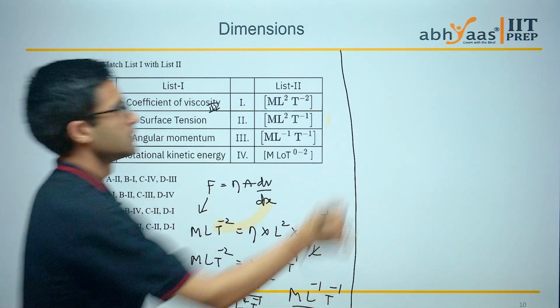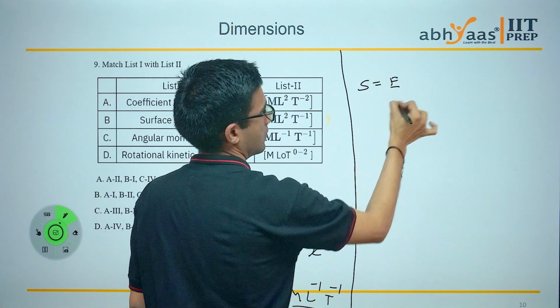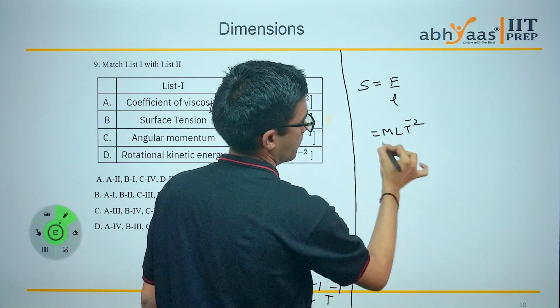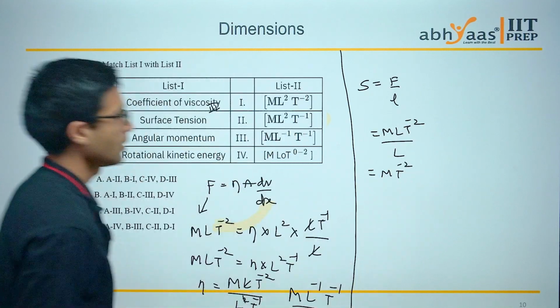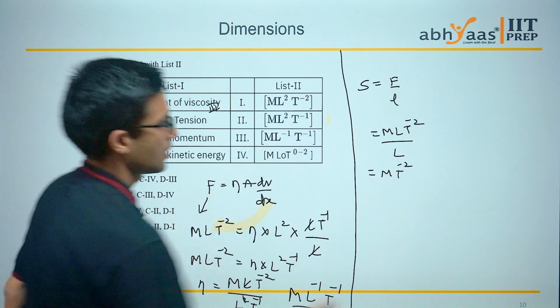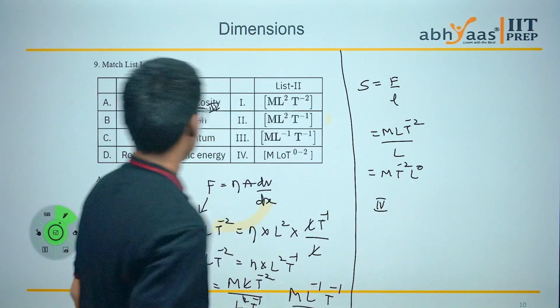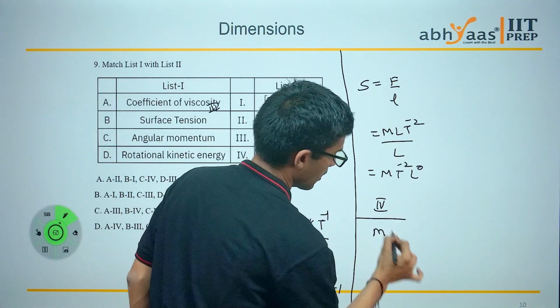Similarly, simple one, chota problem. Surface tension S is equal to F by L. So you know force is ml t power minus 2 by L. So what you are getting? m t power minus 2, that means L power 0. So what is the option? 4th one. Similarly, angular momentum I already told, that is mvr.